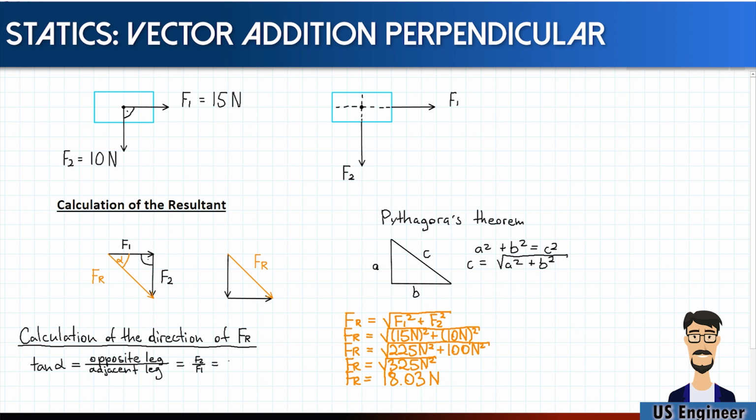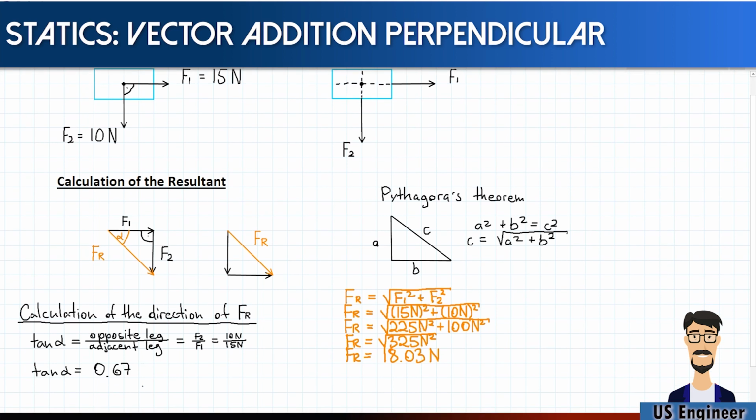And that is equal to 10 Newton divided by 15 Newton. So, the tangent of alpha is therefore equal to 0.67. That's 10 Newton divided by 15 Newton, rounded to the nearest 100th.